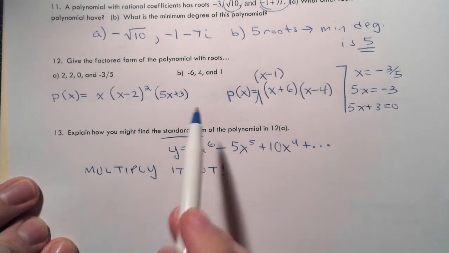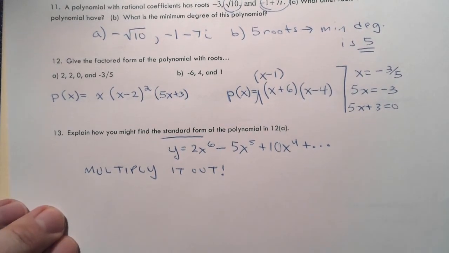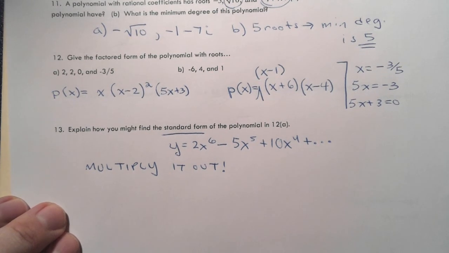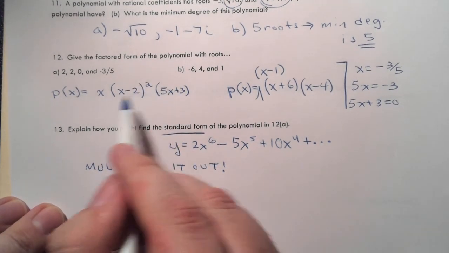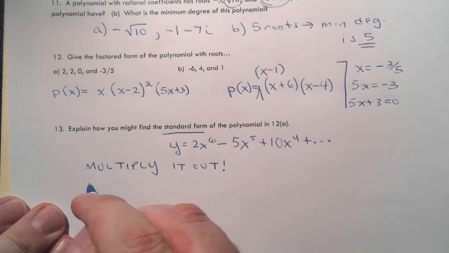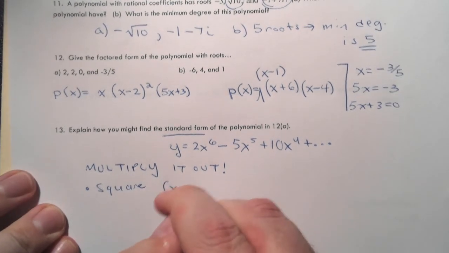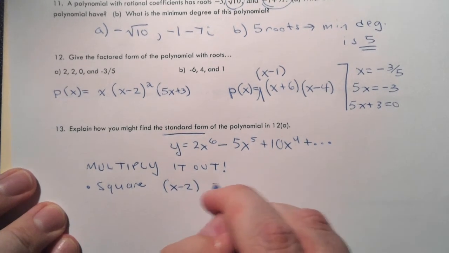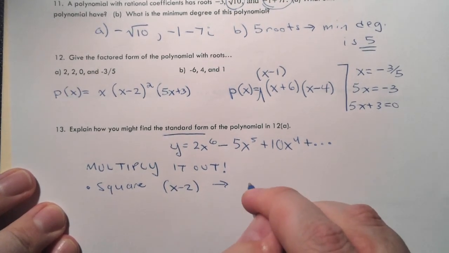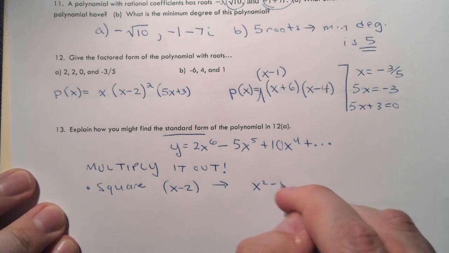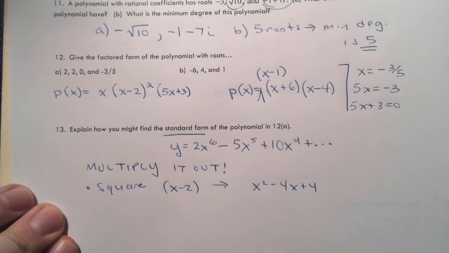Now strategically, if you were going to multiply it out, you have a lot of options right there. If it were me, I would probably start by squaring x minus 2. And that would get us x squared minus 4x plus 4.